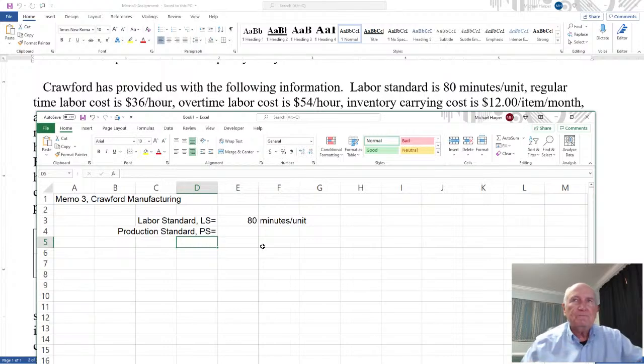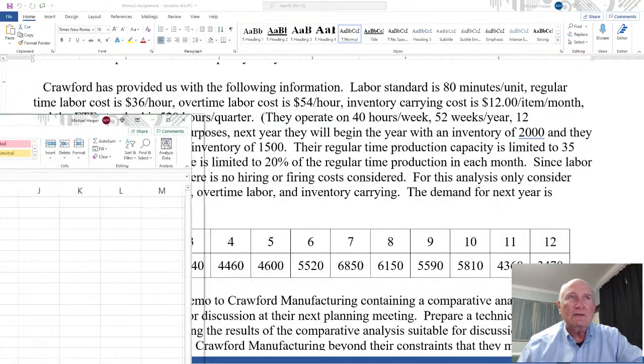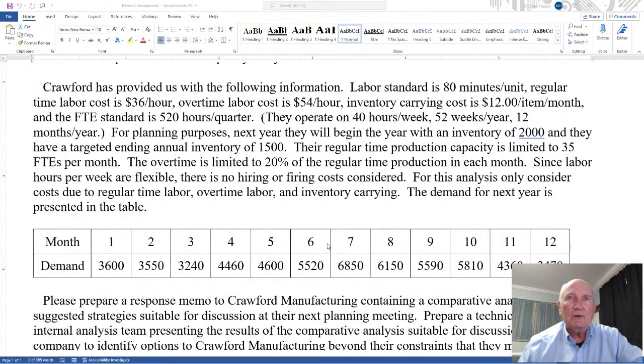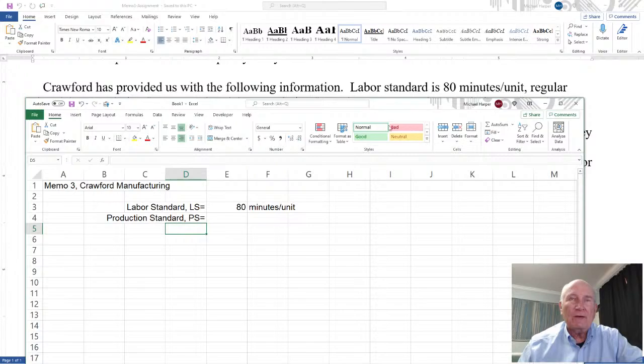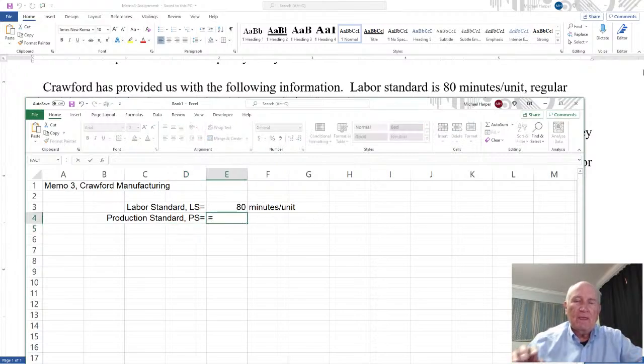Production standard, PS, equals. If we notice down here, we will be looking at months, so we want a production standard in months. This is going to equal 40 hours a week times 52 weeks divided by 12 months, and that's how many hours per month.